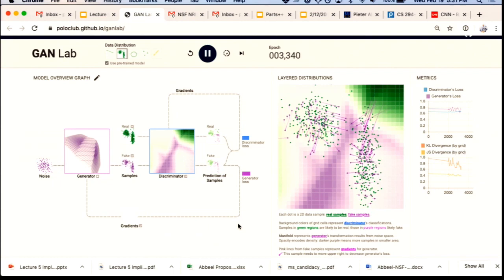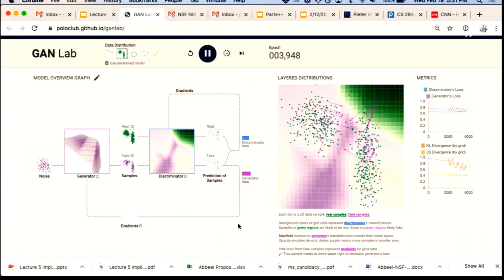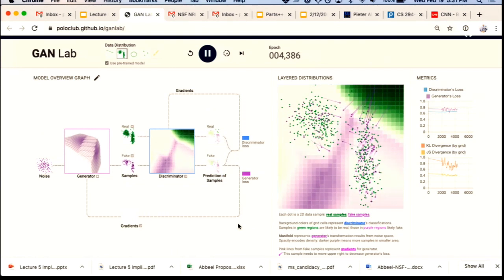And actually, in this case, it starts to work pretty well. The purple samples here are getting pretty close to the green ones, which means it's trying to capture the general gist of this distribution. So it's a mixture of Gaussians, and it's captured by this sampling process. Again, there's no explicit density model that we can evaluate. It's just we want the samples generated to be similar to the data distribution that we have.